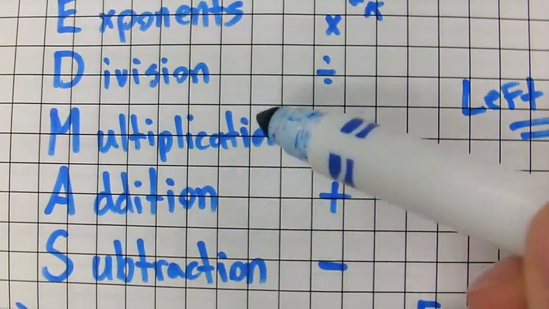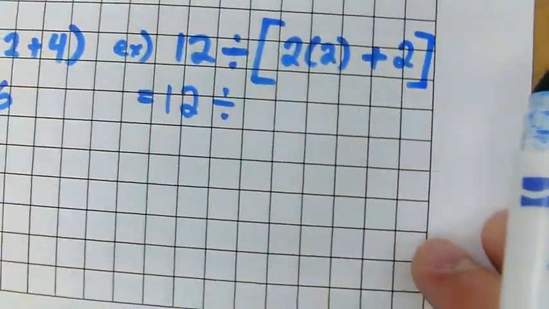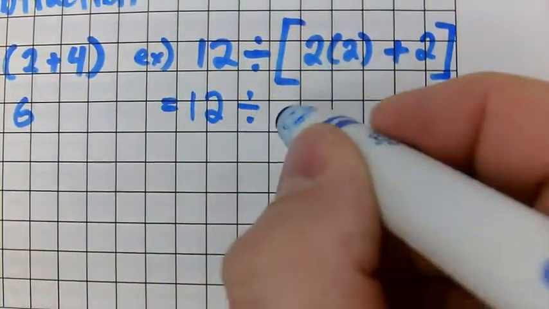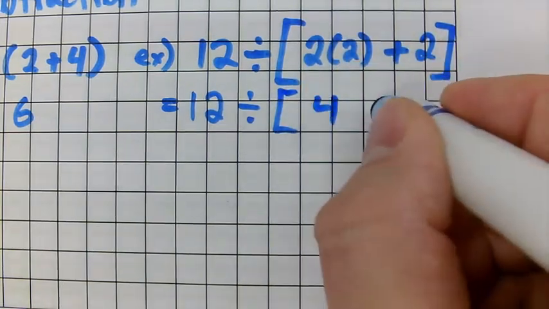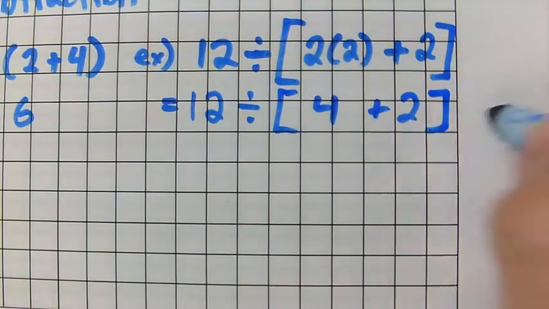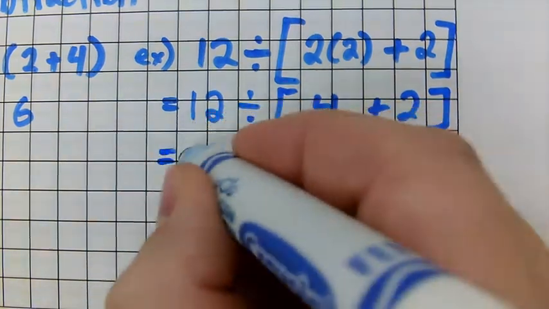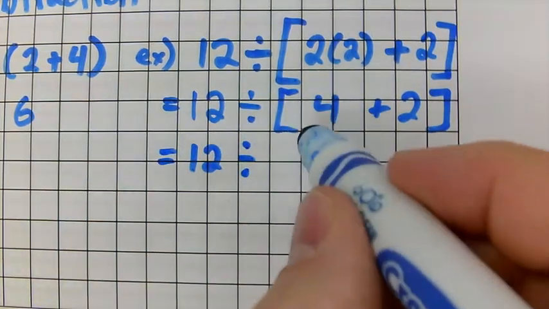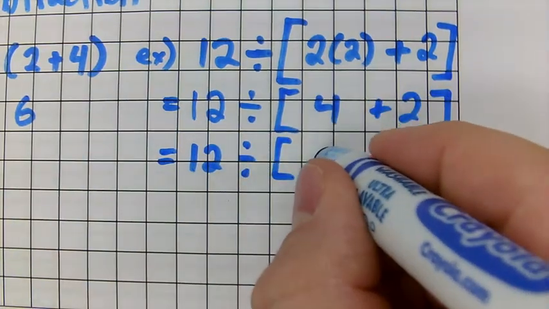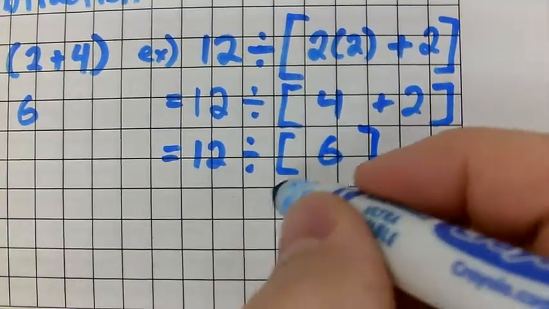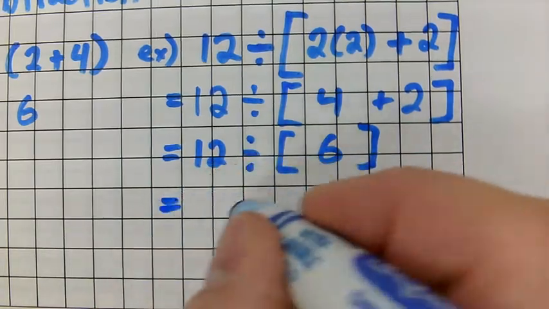Multiplication or addition? Multiplication is first in BEDMAS, so we need to do the multiplication here first. So we need to go 2 times 2, which is 4, and then plus 2 in brackets. We still have brackets, so we still need to do what's in the brackets. 4 plus 2 is 6. 12 divided by 6 now is 2.